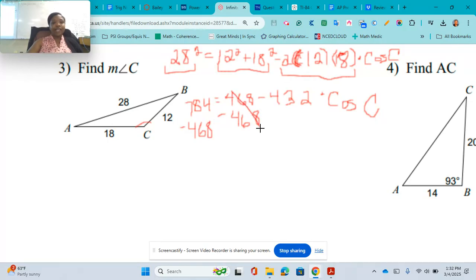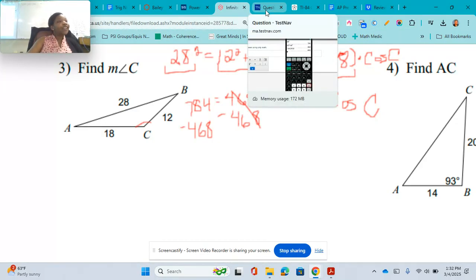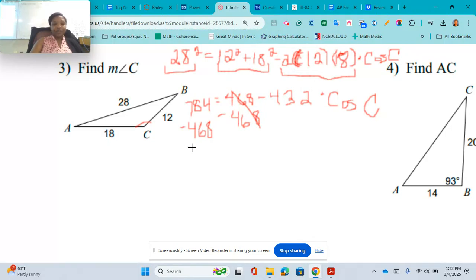That crosses this out. 784 minus 468. Calculator. I'm sorry, 360? 316, I apologize. 316 equals, and what do we have left on the right side?